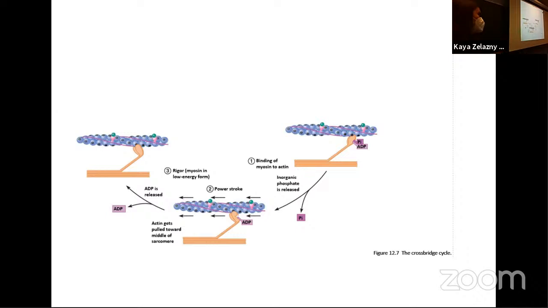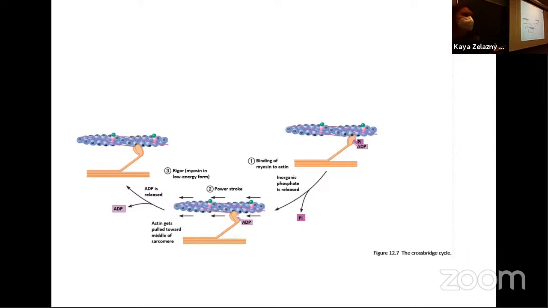Rigor mortis occurs when all these cross-bridge cycles are stuck in this rigor state. This is when we've removed all of our molecules from that ATPase binding site here. We're kind of stuck in this position until we grab another ATP molecule and use more energy to put us back into our high energy state.